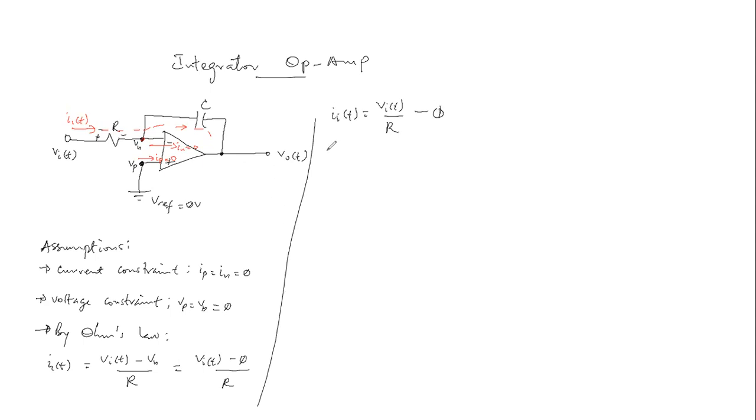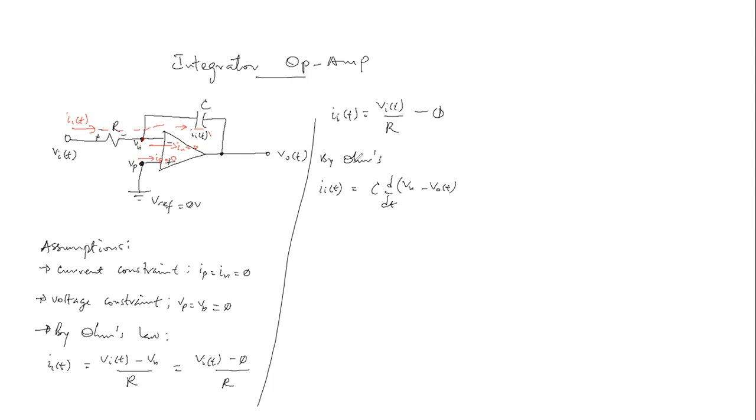Now, by Ohm's law also, we can equally write the current flowing through the output side of this configuration, and that will be I sub I of t. Hence the current flowing through the capacitor, I sub I of t, will be the same as C d/dt of V sub N minus V naught of t.